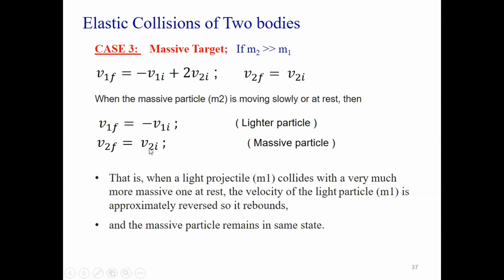So the massive particle will keep on moving with the same velocity, and the lighter particle will collide with the massive particle, which is nearly at rest, and will move back, reversing its direction or rebounding, so as to say, and will move exactly with the same velocity in the opposite direction, which was the initial velocity of this particle. The massive particle will remain in the same state.